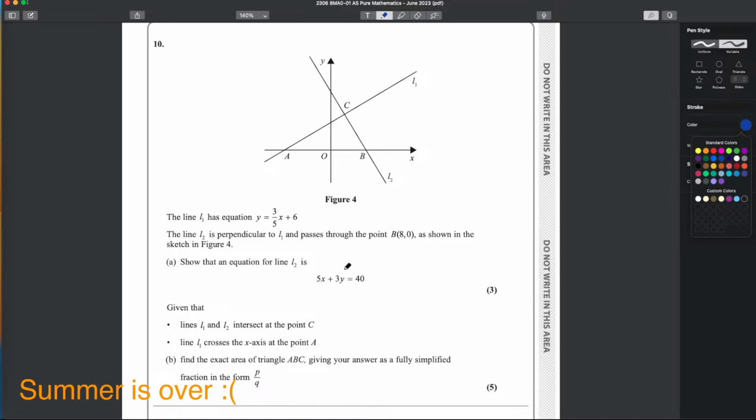The line L has equation y equals 3 on 5. It's alright. Just joking. It's perpendicular at L and passes through the point 8, 0 as shown in the sketch in figure. Wow, you're in year 11. That's really great that you are trying this stuff.